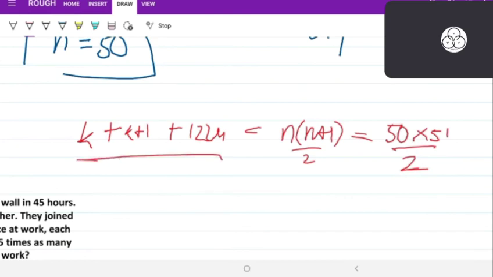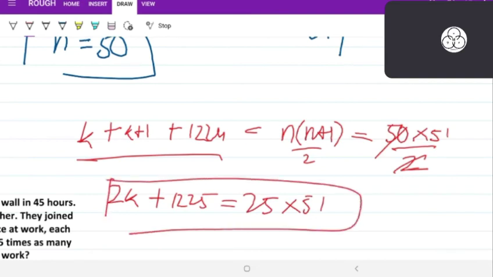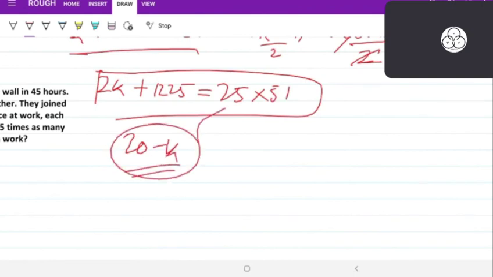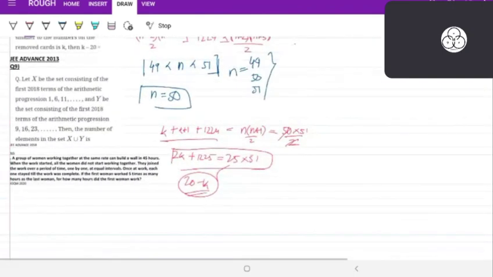From here you will find the value of k because n's value is already sorted out. Find the value of k and then find 20 minus k, right? I have given you the approach. I can't give you anything more than this.